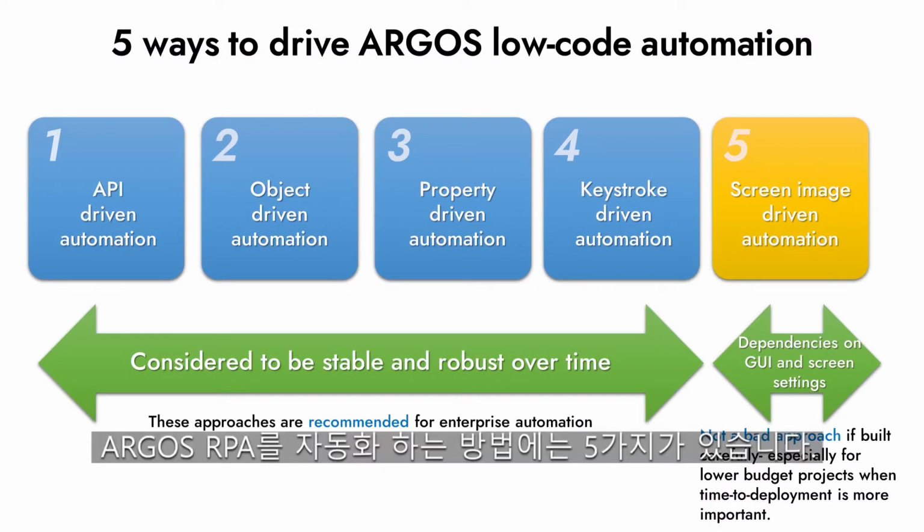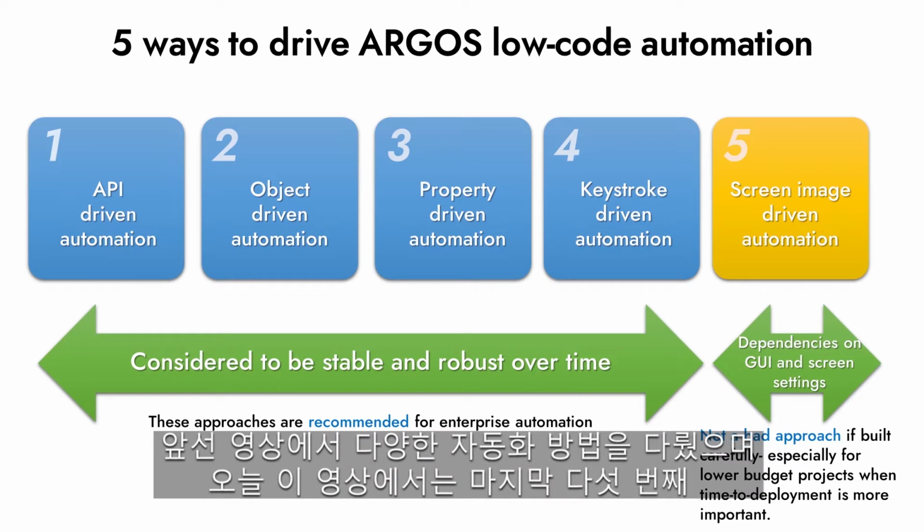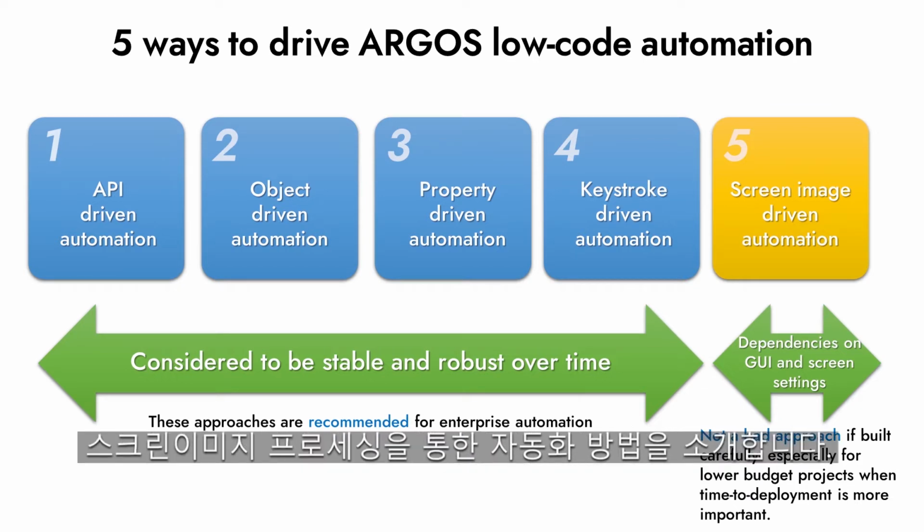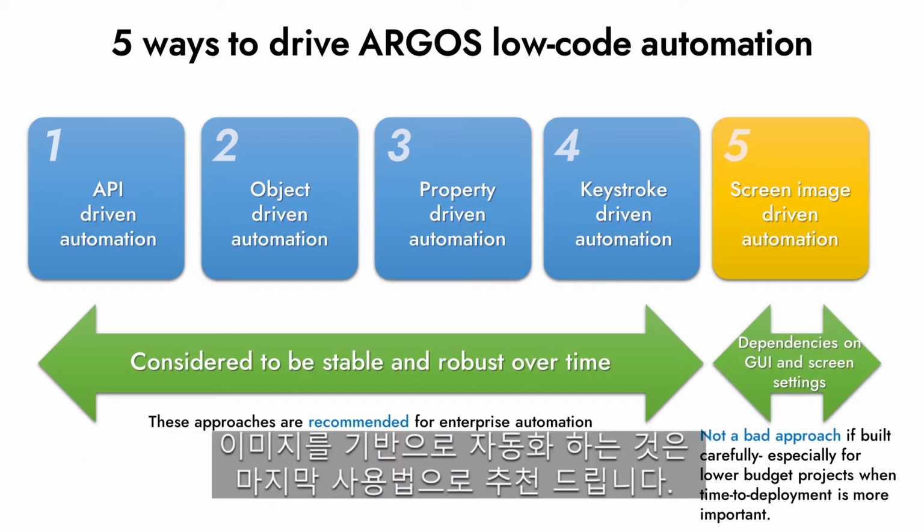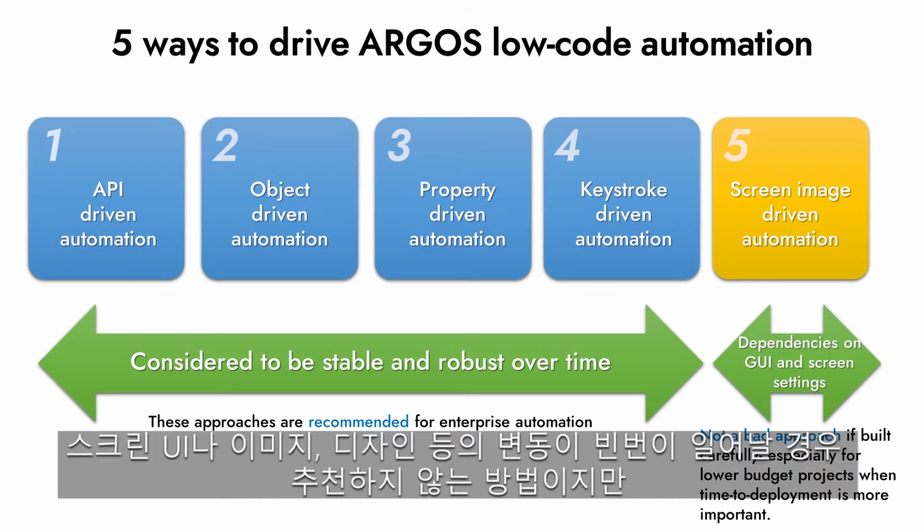Back to this diagram, there are 5 different ways to drive your automation, and the screen image driven automation is the 5th option. Many people do think it's less stable and less robust because screens and images and design can change more frequently than APIs and objects.